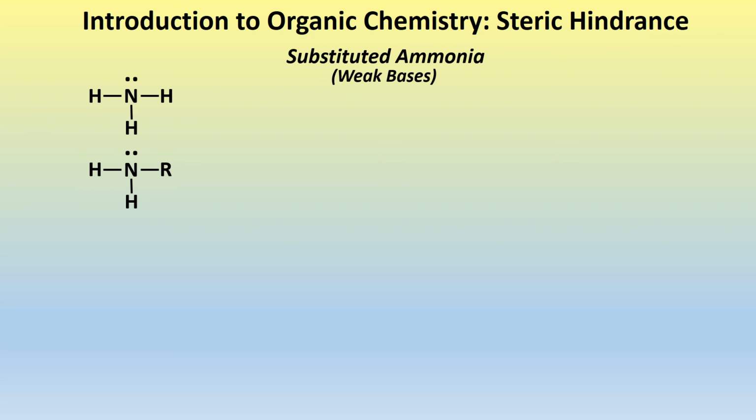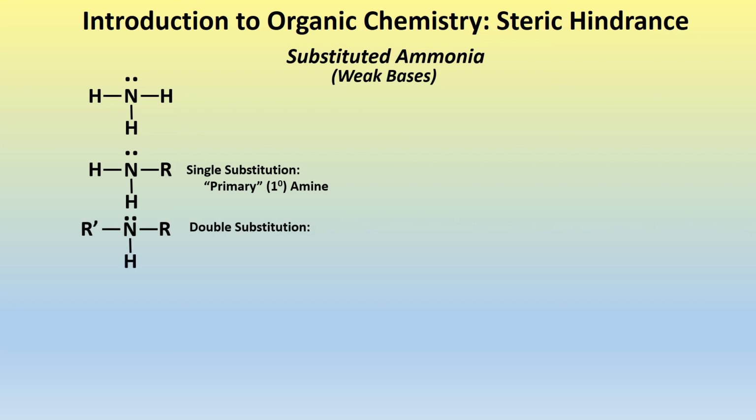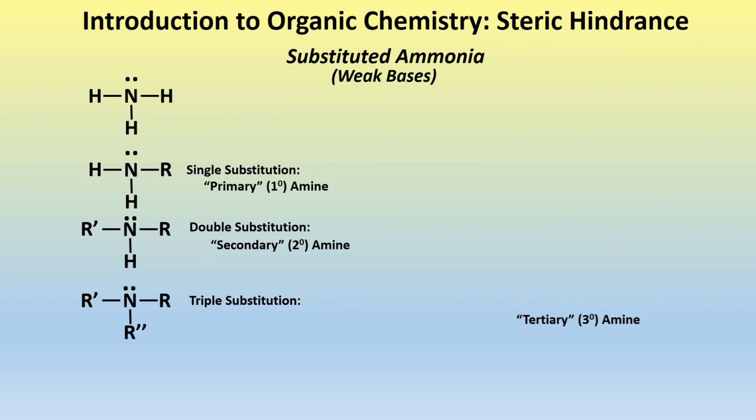A single substitution, replacing one hydrogen with an organic group, is called a primary amine, with 1 degree symbol. 2 substitutions can occur where you have a secondary amine, 2 degrees of substitution, or you could have all 3 hydrogens replaced, have a triple substitution, and have a tertiary amine, or 3 degrees of substitution.